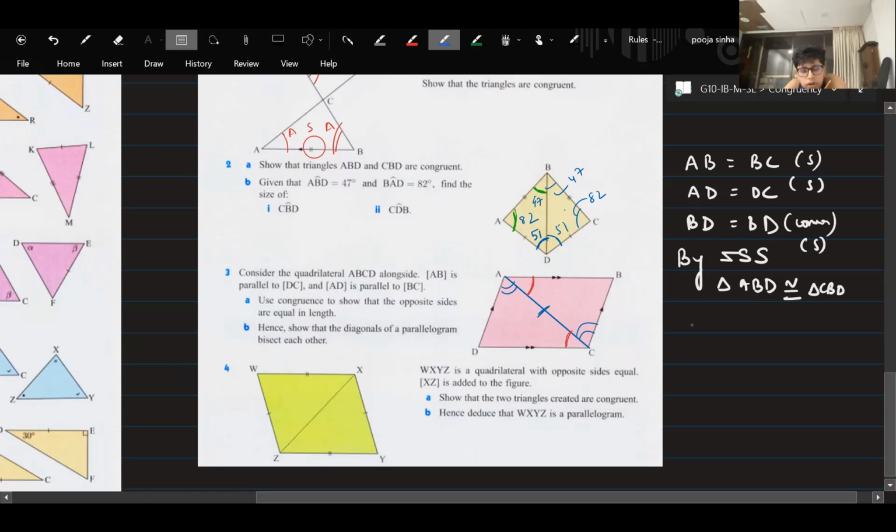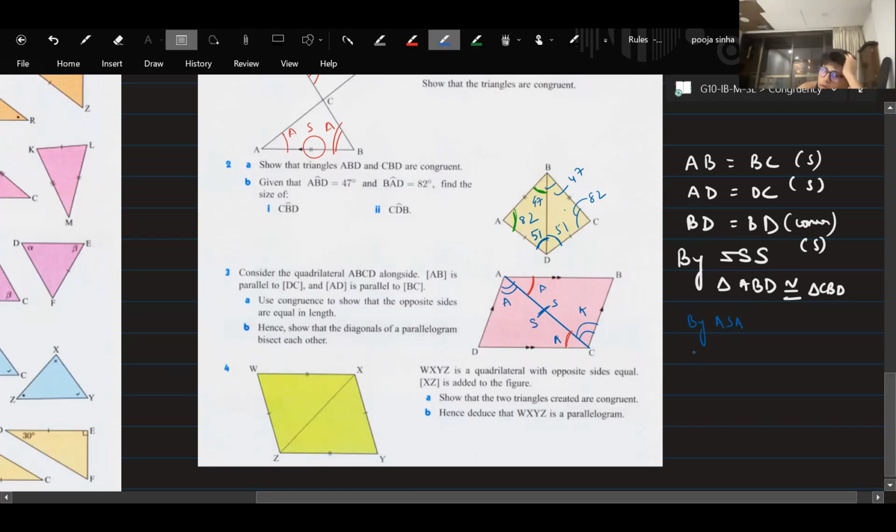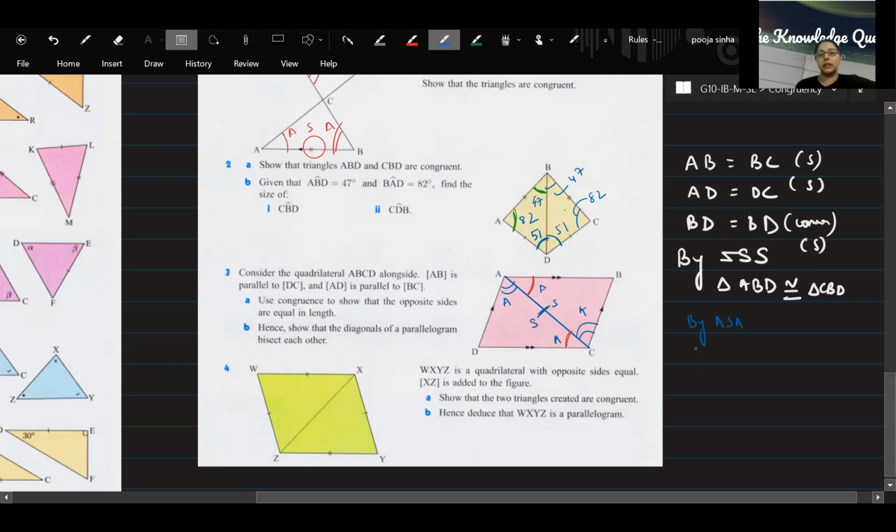So we use ASA. This is angle, side, angle. Both sides it's angle, side, angle. So by ASA, what are the triangles? Congruent. Name of the triangles? Triangle ADC and triangle ABC are congruent.